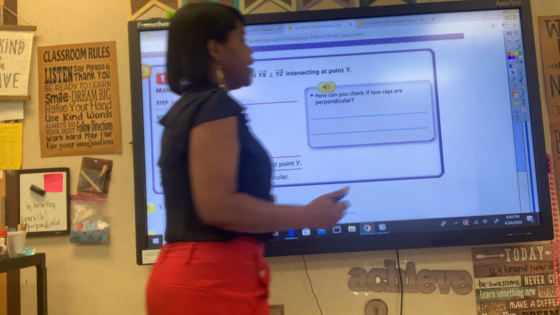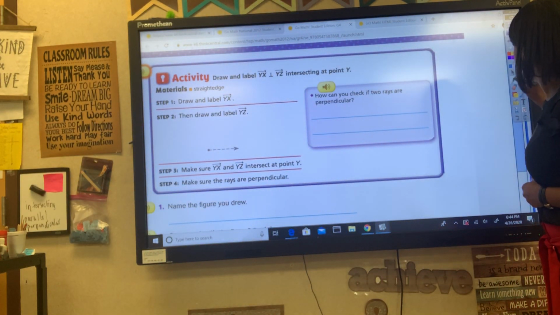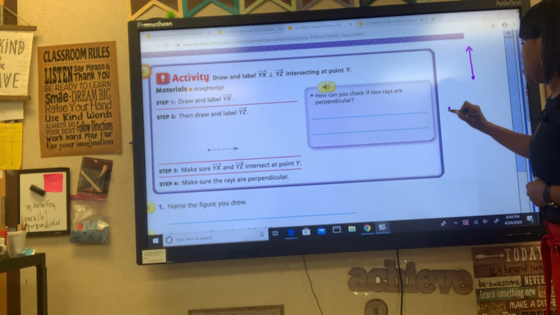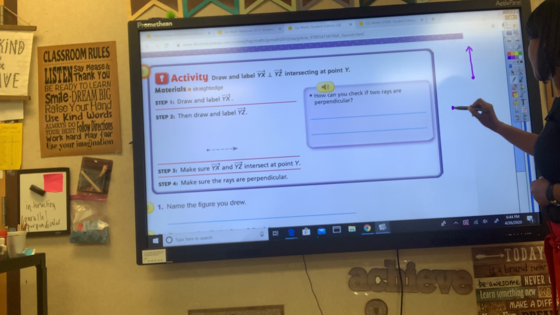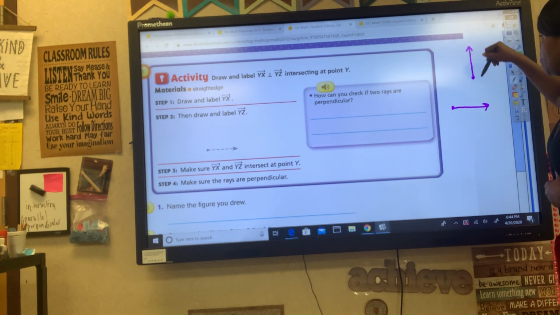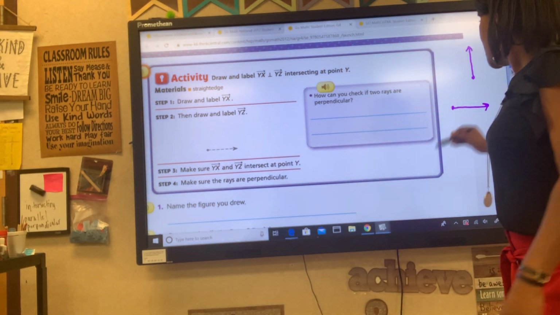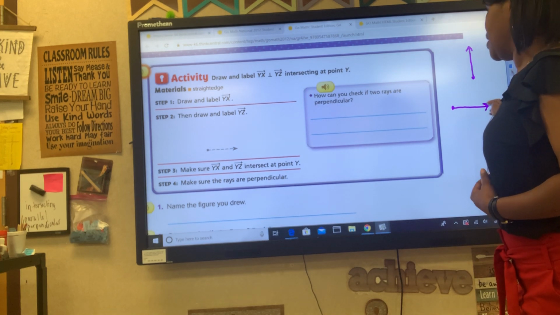Okay, so a ray is a line that has one endpoint and one continuous line. So we don't have arrows on both sides, which would indicate it's a line in both directions. It's just a line. It has an endpoint and a continuous line.